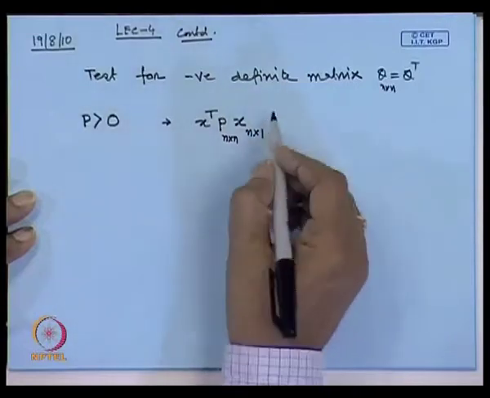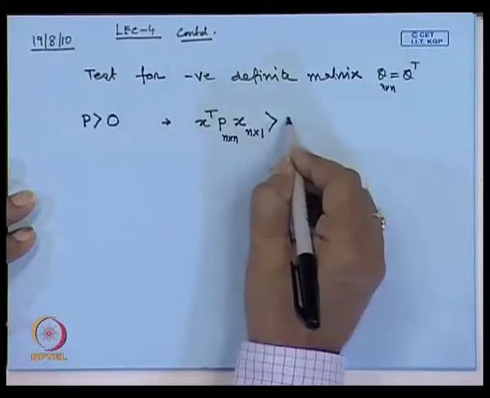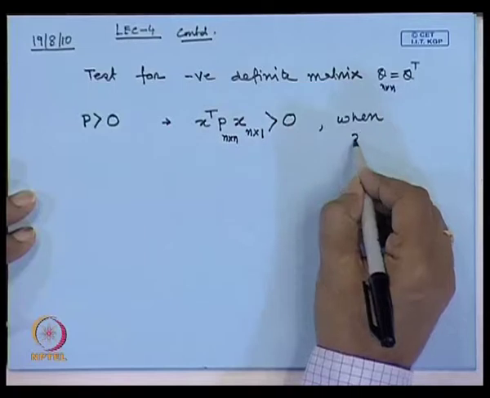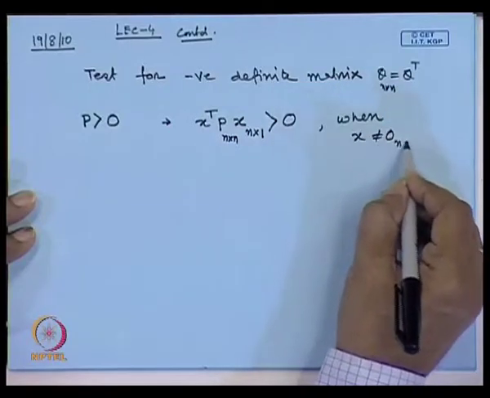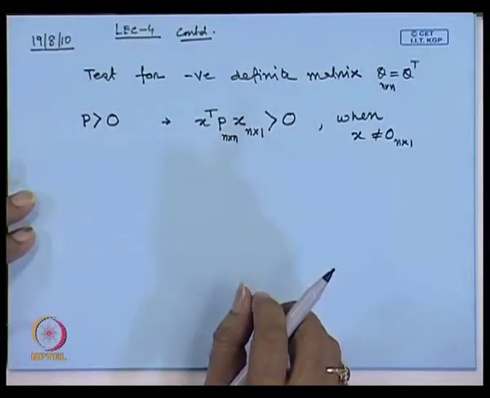If P is positive definite, this scalar value is always greater than 0 when x is not equal to the null vector of dimension n cross 1. That is the definition of a positive definite matrix.